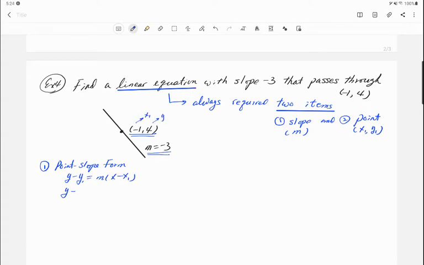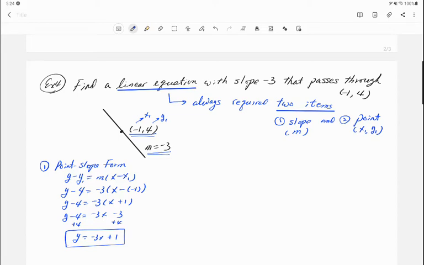So y1 is 4, we replace m with -3, and x1 is -1. Then y minus 4 equals -3 times x plus 1, then distribute: -3x minus 3, and then plus 4 each side, so that y equals -3x plus 1. So this is the equation.